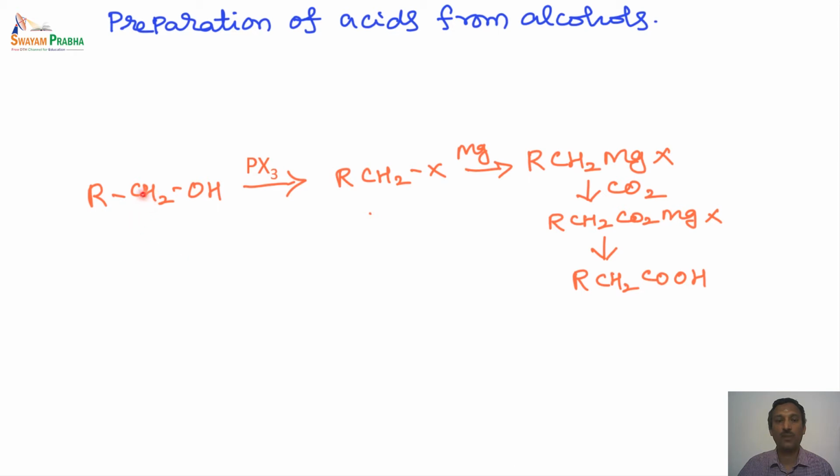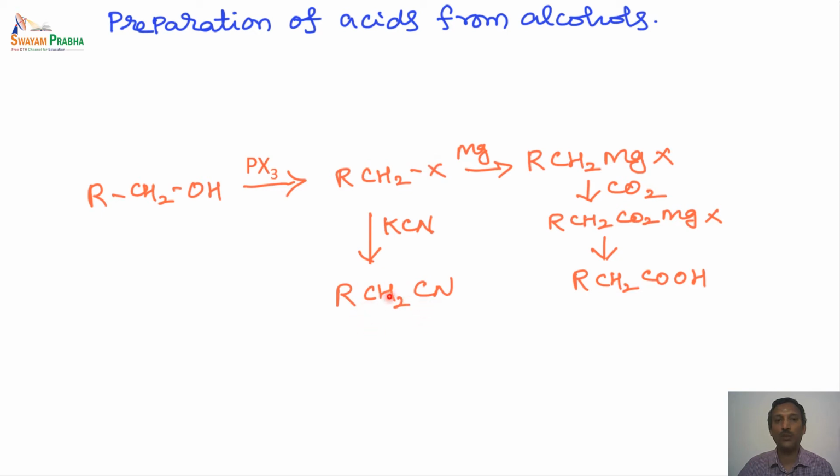Here if we start from the primary alcohol RCH2OH, we are getting RCH2COOH. So one carbon extra is added to this starting primary alcohol. So there is another method. This alkyl halide can be treated with cyanide nucleophile. So basically potassium cyanide can be used to convert the corresponding halo derivative into the cyano derivative.